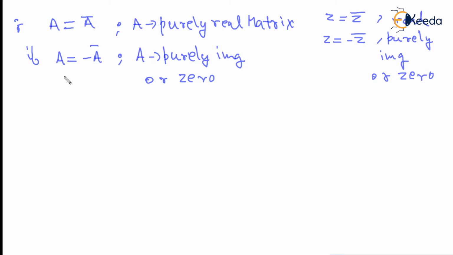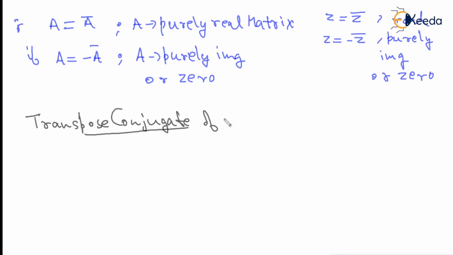Next is the transpose conjugate of a matrix. As the name suggests, we'll have to do the transpose also, and the conjugate also. Does the order matter, whether we do transpose first and then conjugate, or first conjugate and then transpose?